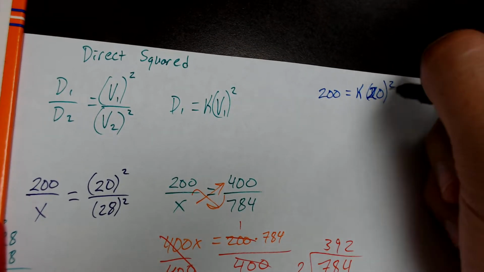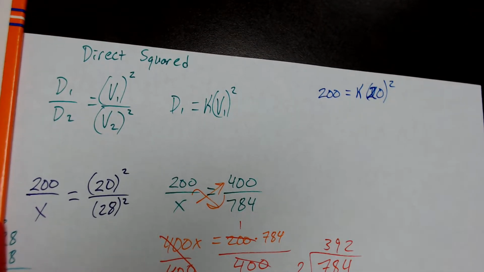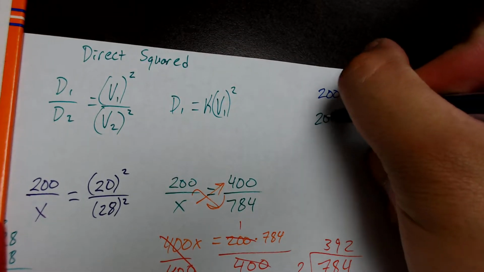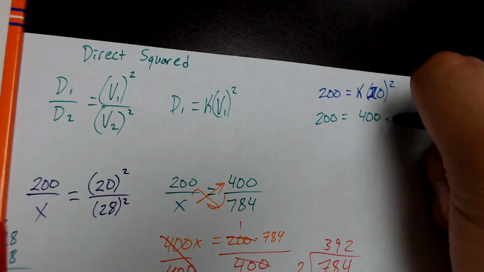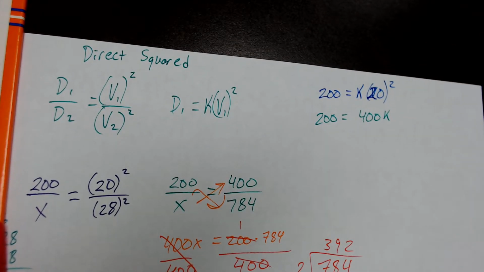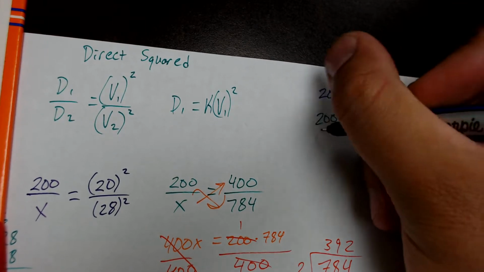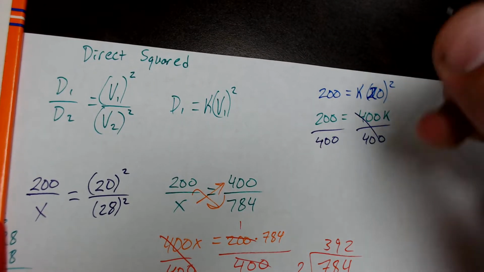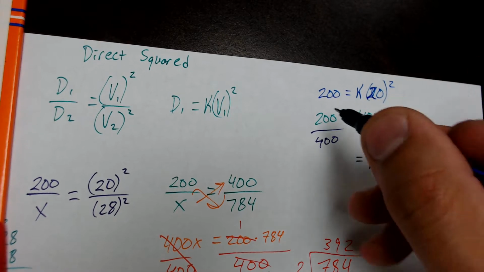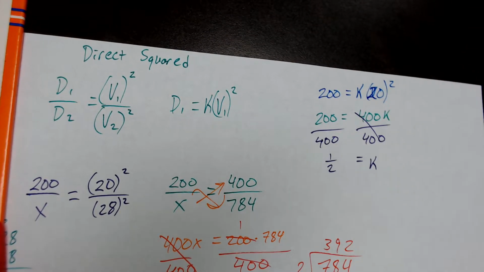Okay. And then we remember that 20 squared is equal to 400. So this becomes 200 is equal to 400 times k. To solve, we divide each side by 400. So then I know that k is equal to 1/2. All right.